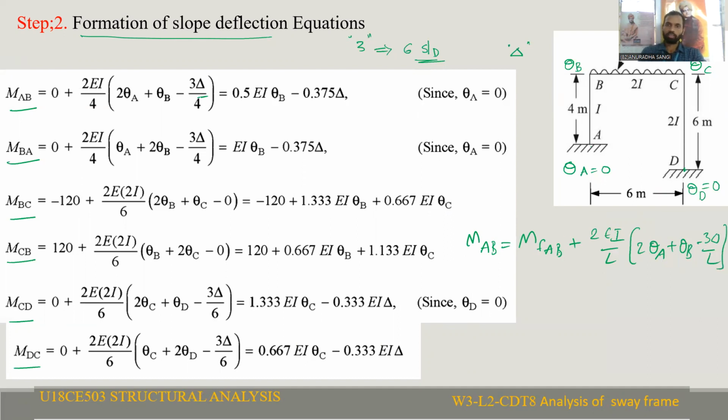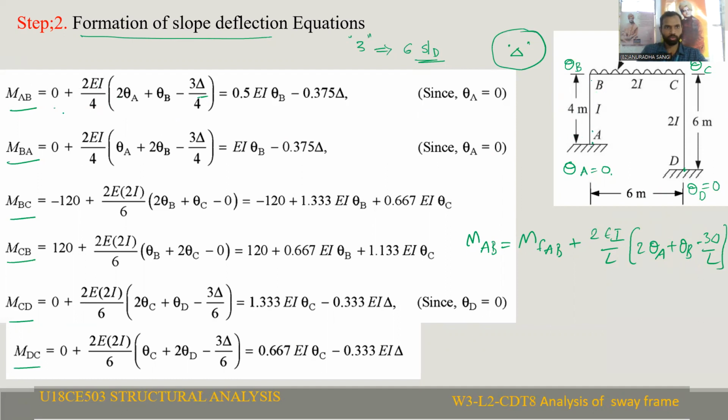This is the slope deflection equation. For the AB span, you have to substitute theta A equal to 0, and theta B is unknown. Delta remains as delta, because sway is possible, so in place of delta you write delta as it is. MFAB is 0, because for the AB span there is no load.